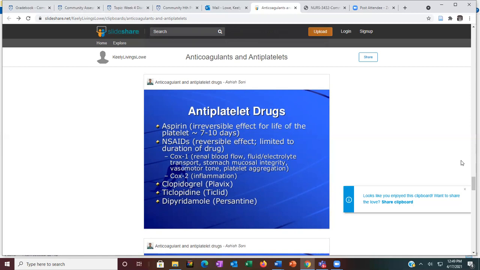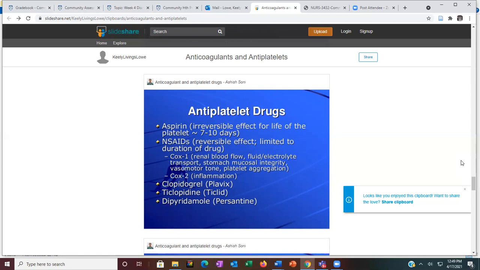So we wouldn't want patients to take a high dose of aspirin all the time, because it affects other things. So we know aspirin is an antipyretic. It affects other functioning of our body, but Plavix is an antiplatelet that only affects platelets. And so patients may take Plavix for longer periods of time. Ticlid is the same way.